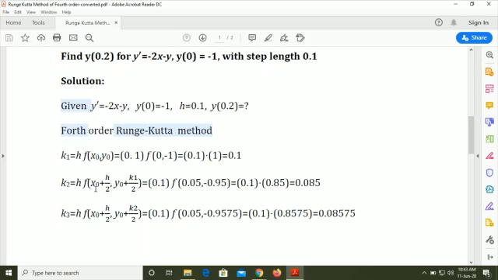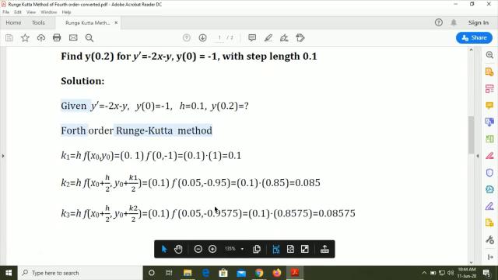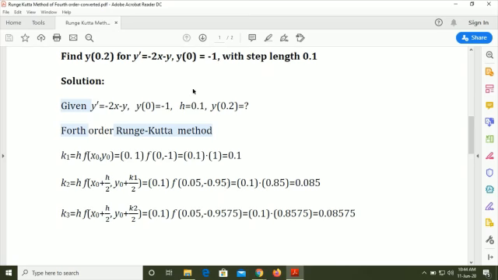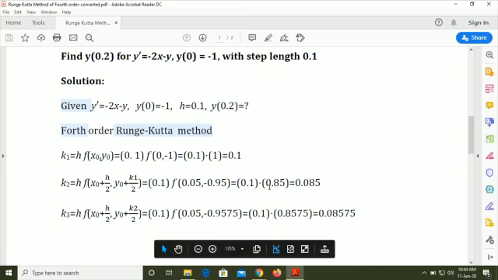X naught is 0 plus h by 2, that is 0.1 by 2, which is 0.05 comma y naught plus k1 by 2, where y naught is 0 and k1 is 0.1. So 0.1 by 2, that is minus 0.95. Now we substitute this x and y here for getting 0.85. So on multiplication we have k2 equal to 0.085.